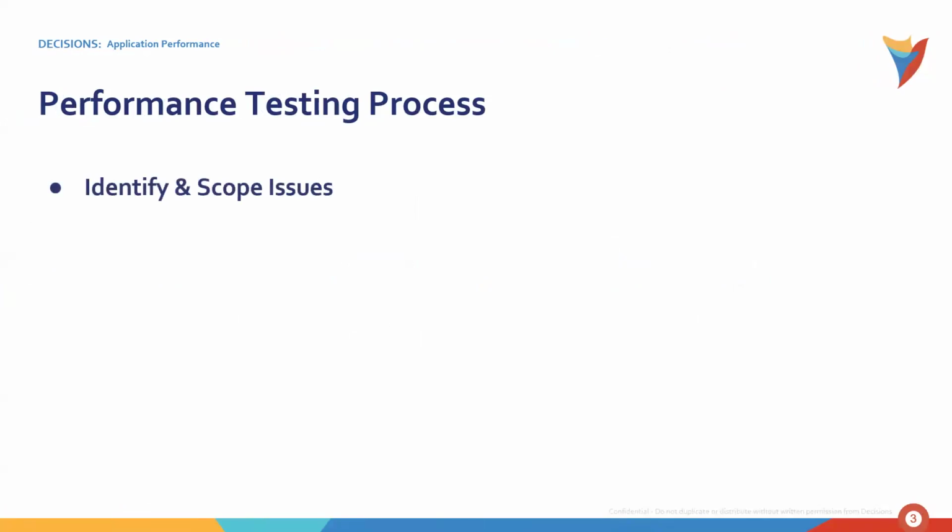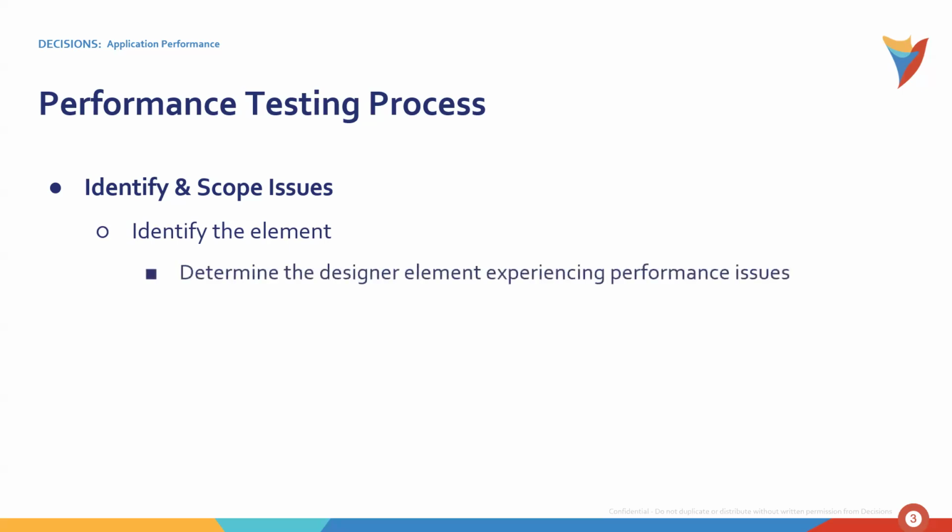So in phase 1, step 1 is identifying and scoping the issue. First thing that you need to know is what is causing the slowness in your application. Let's say the application has multiple flows, so you need to know which flow needs to be tested. As a developer, we need to know which designer element is causing the performance issues in our project.